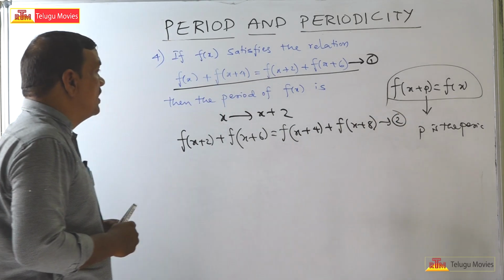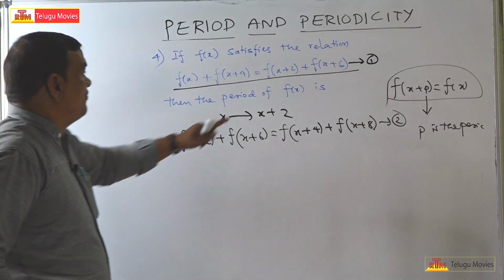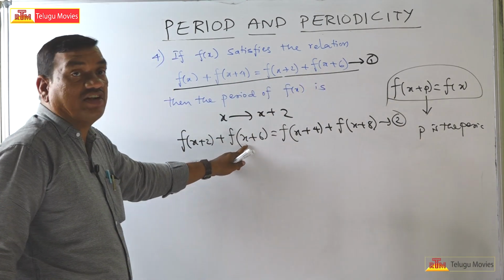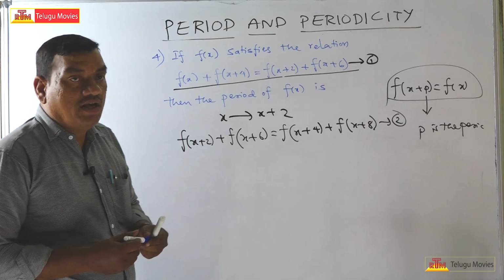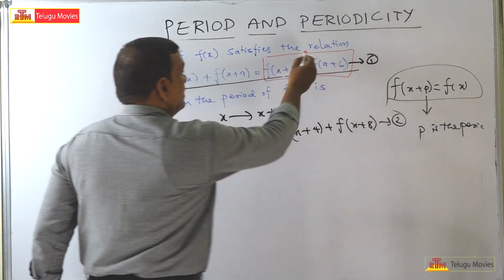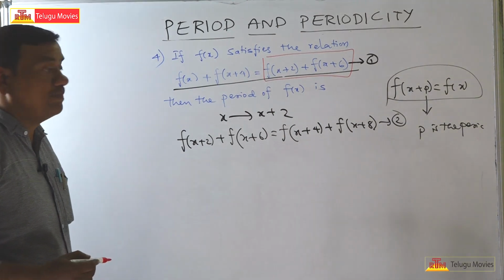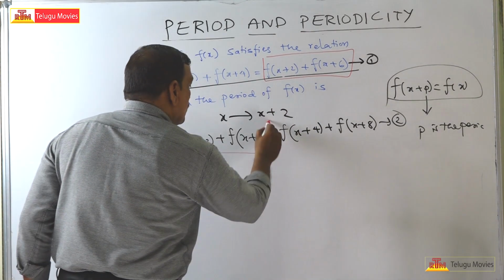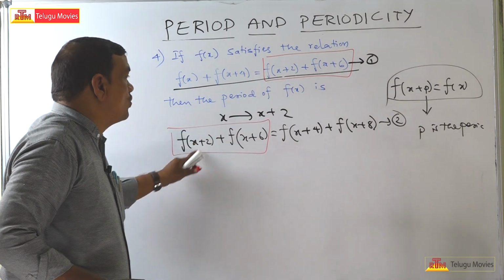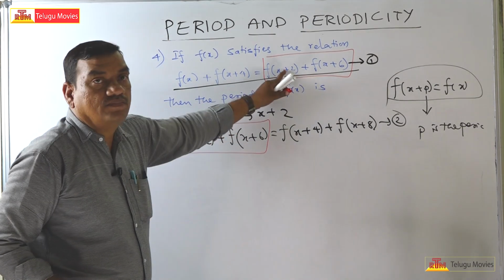Now, how to proceed here? Here f of x plus 2 is there, f of x plus 2 is there; f of x plus 6 is there, f of x plus 6 is there. See, the right hand side quantity in both equations, f of x plus 2 plus f of x plus 6, these two quantities are equal.